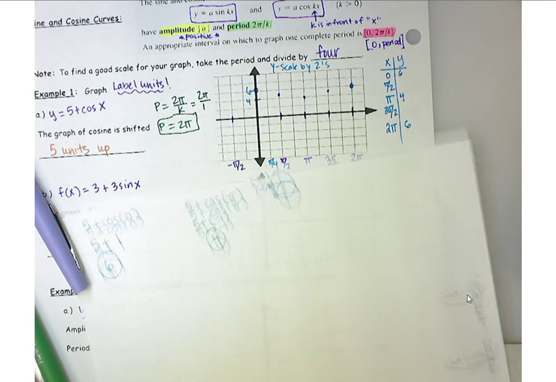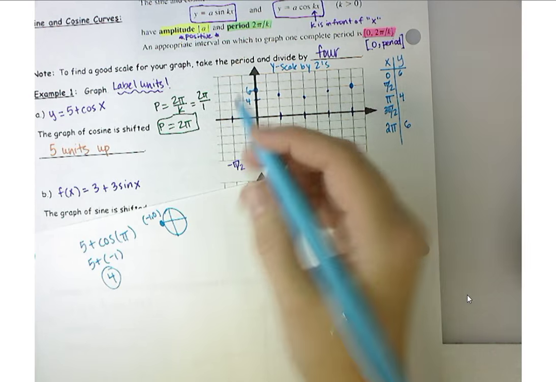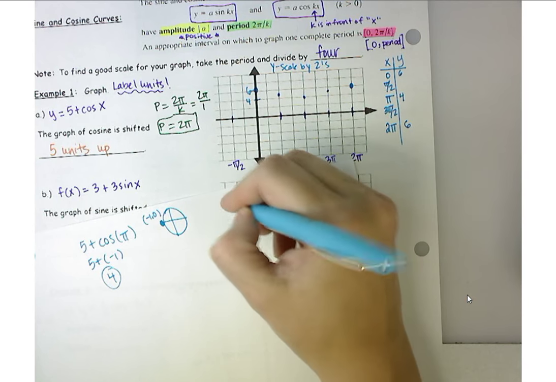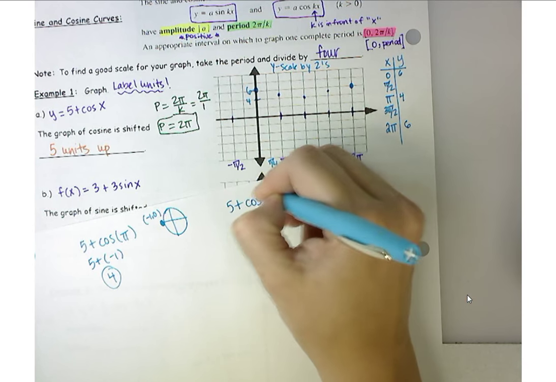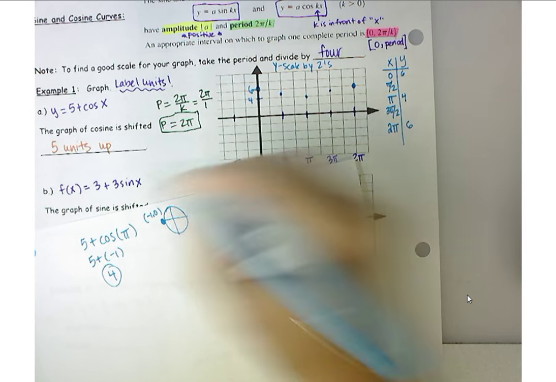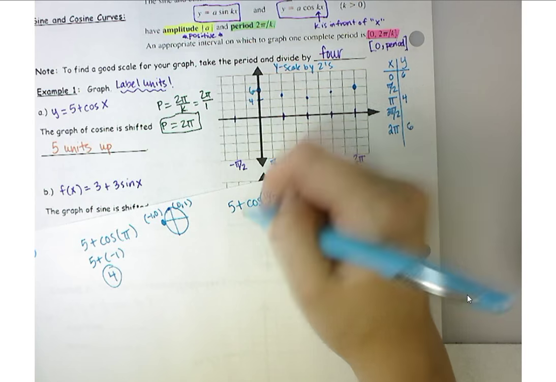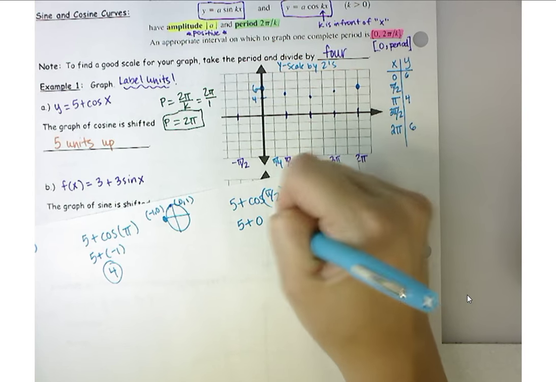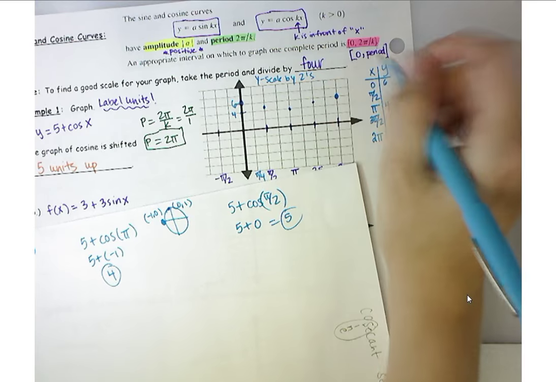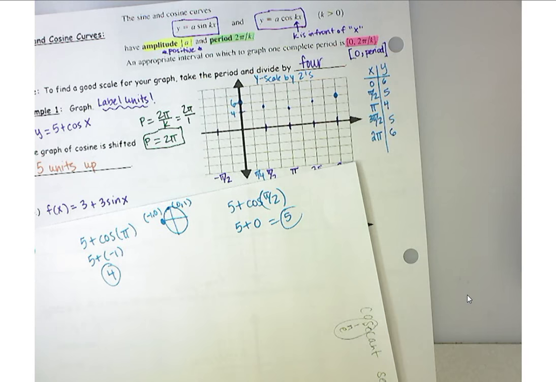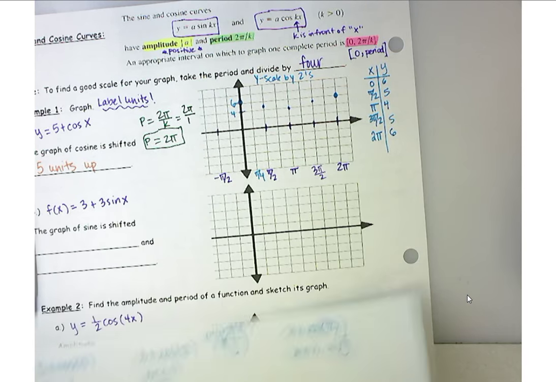Okay, now you could also do 5 plus the cosine of pi over 2 to find this. So at pi over 2, you're at the point 0, 1, which means your cosine is 0. 5 plus 0 is going to be 5. So that's how you could fill in your chart. Okay, now we have to keep going with our pattern.